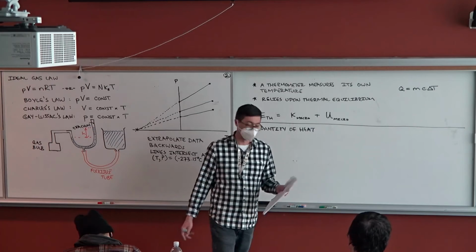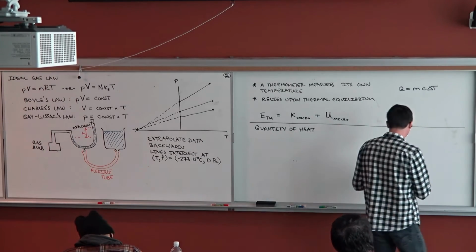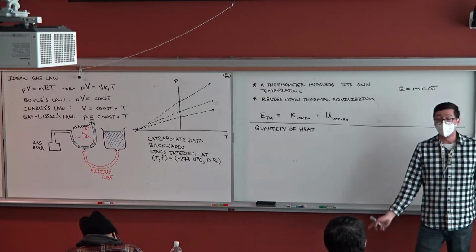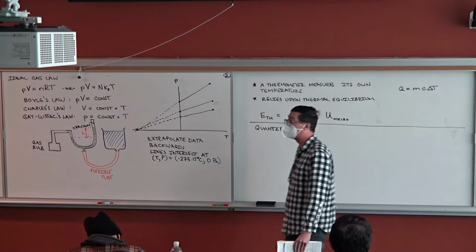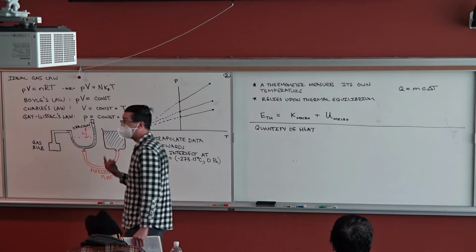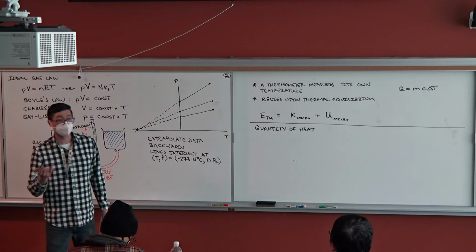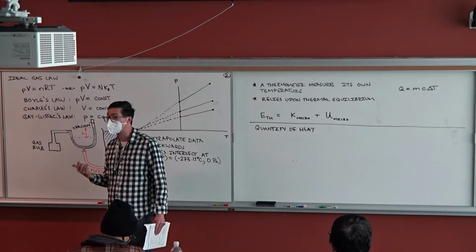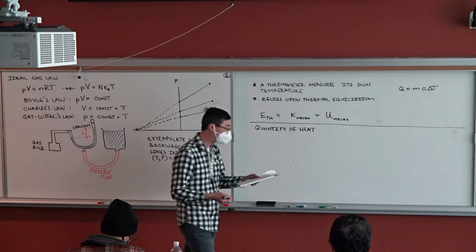Yay? Okay, so this transfer of energy will continue until we achieve thermal equilibrium, until the two objects share a common temperature, until they have a common average translational kinetic energy per particle.